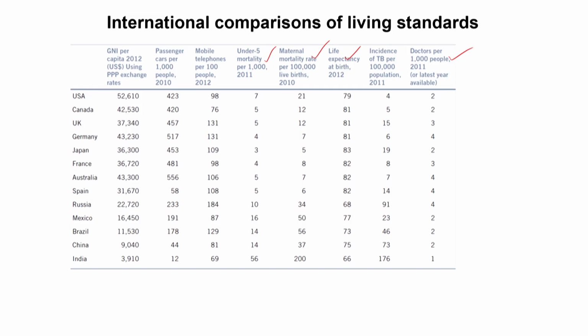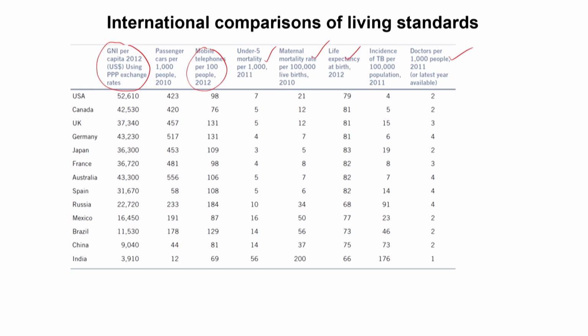However, you can also see that mobile phone access across countries is improving and showing signs of convergence. If you look closely at the GNI per capita, high income countries like the USA, Canada, Germany, Australia report GNI per capita above 40,000.